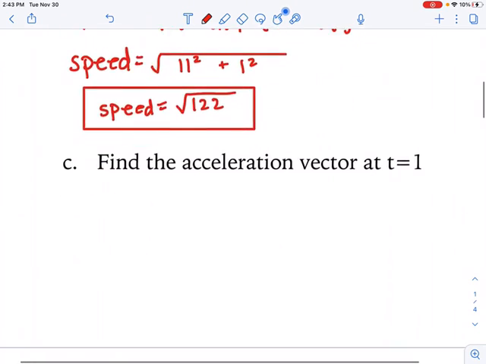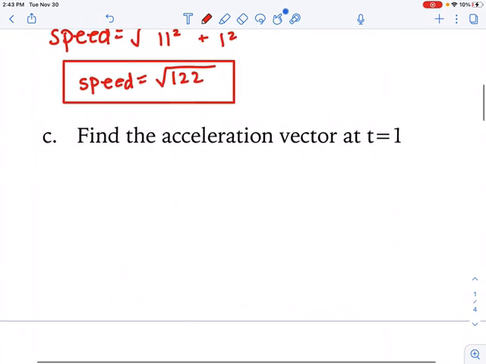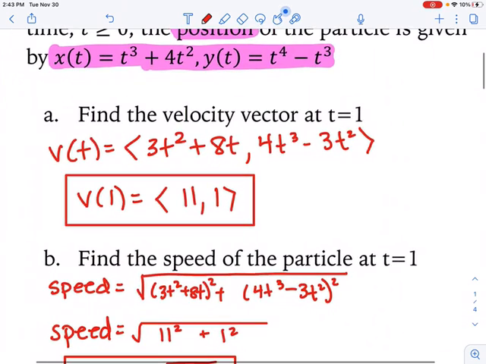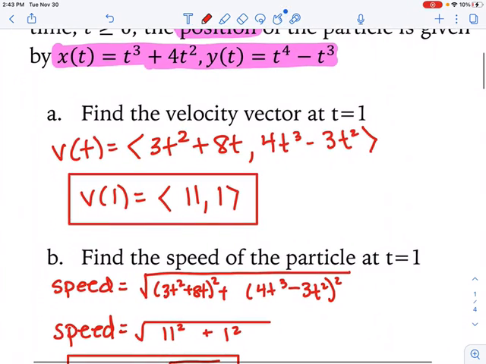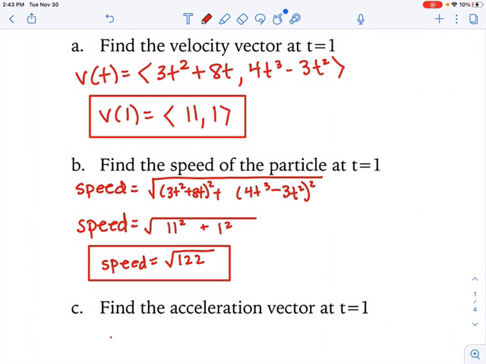Now I'm asking you to find the acceleration vector. Well, if we come back up here to our velocity vector, we know that the acceleration is just the derivative of velocity. We're just in vector form, that's the only difference. So, if we look at our velocity vector, then our acceleration vector is going to be, well, the derivative of the horizontal component would be 6t plus 8.